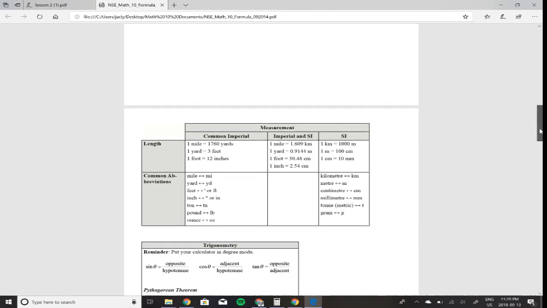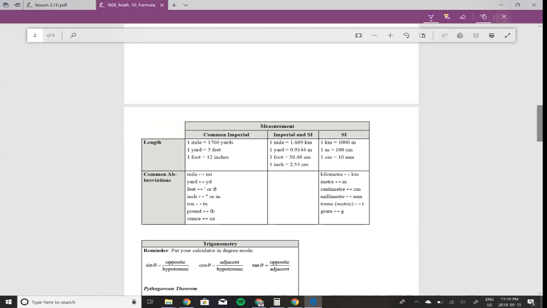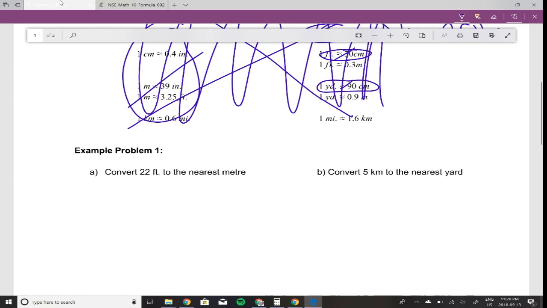We can see that 1 foot is equal to 30.48 centimeters. That's what we know. It doesn't exactly give us what we want, but it'll give us a leg up. But we want to know to the nearest meter.